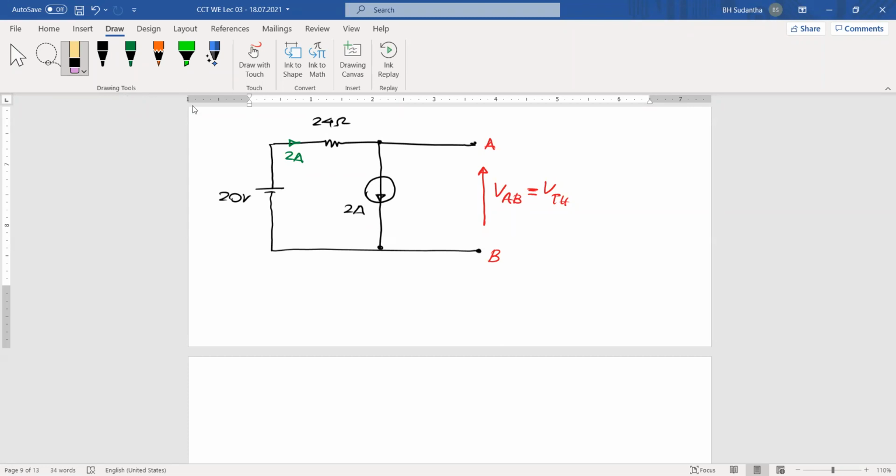But you know, this is VAB. Okay. Then we can write this way, 20 volts equals 2 ampere into 24 ohms, and this is VAB.